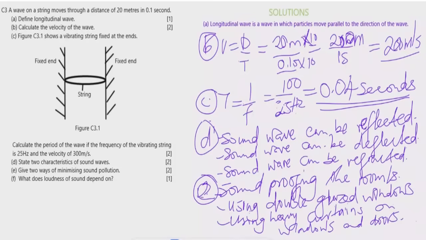Those will trap sound. So basically those are the points you can use: 1, soundproofing the looms. 2, using double glazed windows. 3, using heavy curtains on windows and doors. Those are the things that can help to minimize sound pollution.